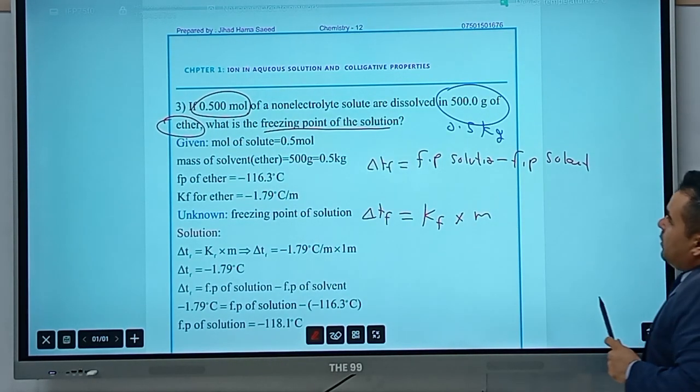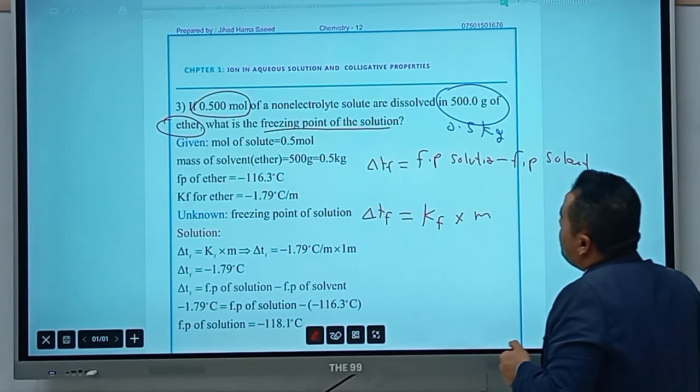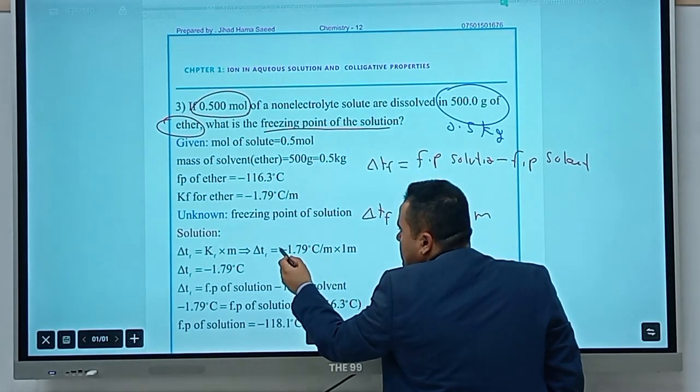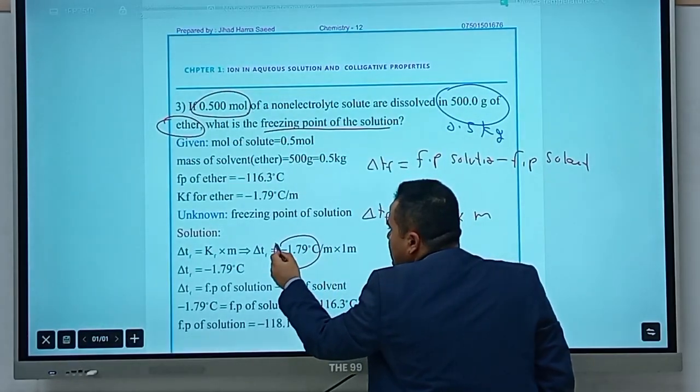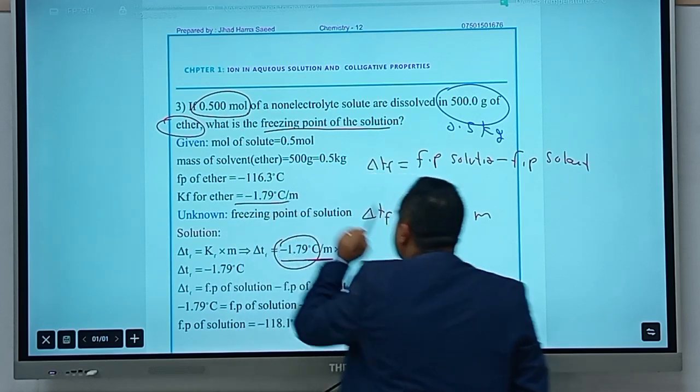Guys, how to calculate the M? Here we have minus 1.79 Celsius per molal, which is the Kf of the ether.